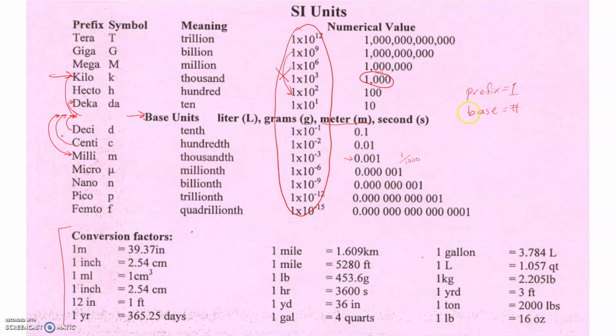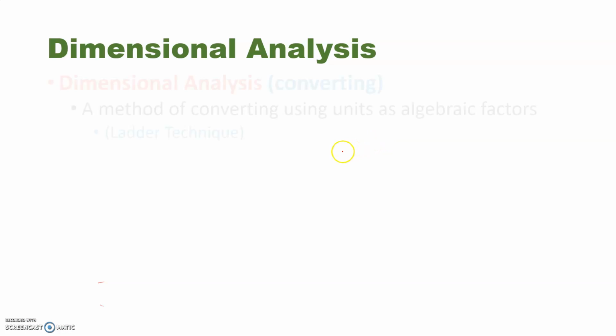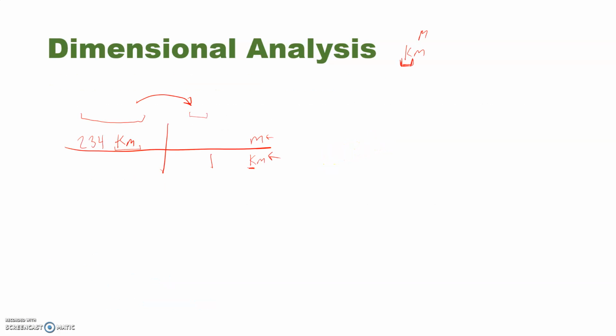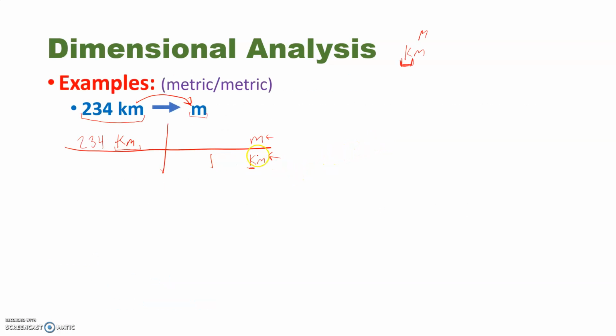The prefix gets the 1, but the prefix is what you look up to tell you what the base gets in your conversion. I know it's a little confusing at first. The prefix gets the 1, but the base gets the number, and kilo equals 1,000, so that's the number the base unit gets.